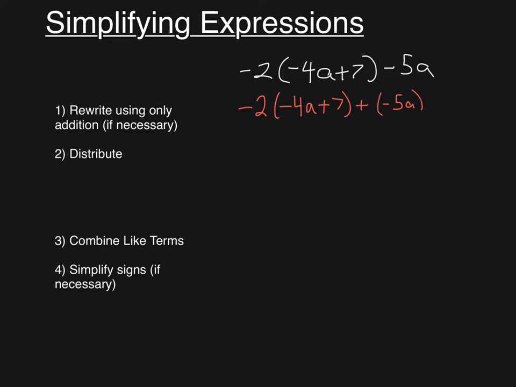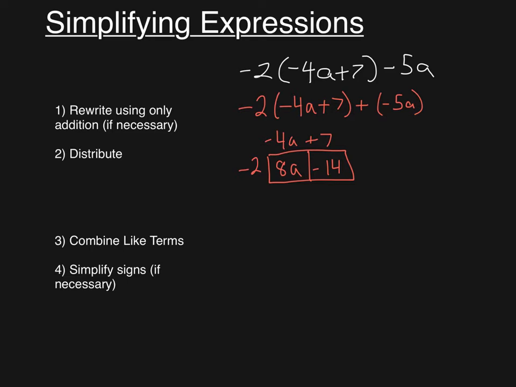Okay? Now we can distribute. So to distribute, I'm going to draw my boxes. I have -2 as my width, and that's being multiplied by -4a and +7. -2 times -4a is 8a. -2 times 7 is -14.